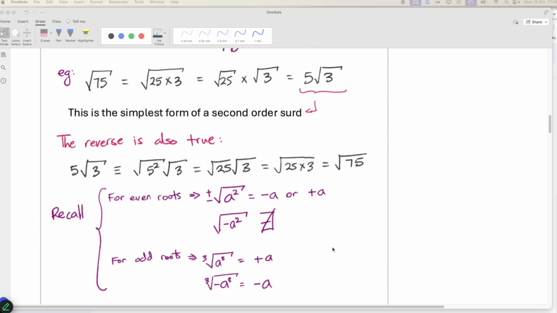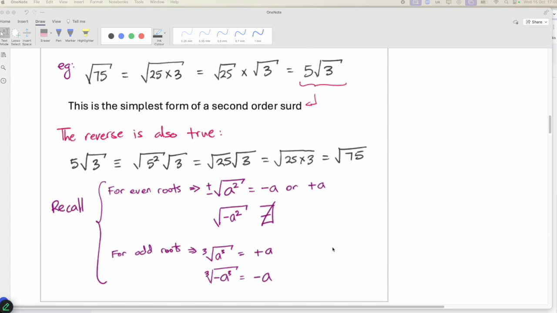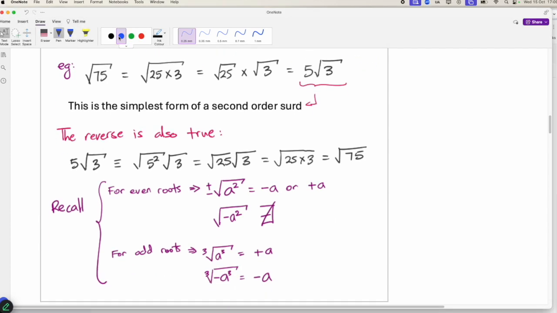So you have a little example here where we have the square root of 75. The square root of 75 could be seen as the square root of 25 times 3, that is 75. We can split that up into the square root of 25 times the square root of 3, which is 5 root 3.